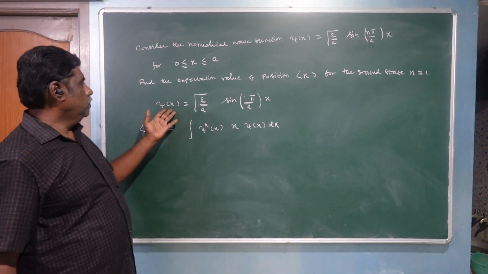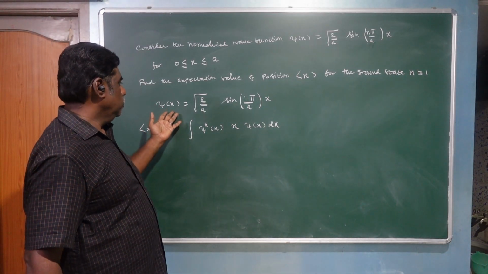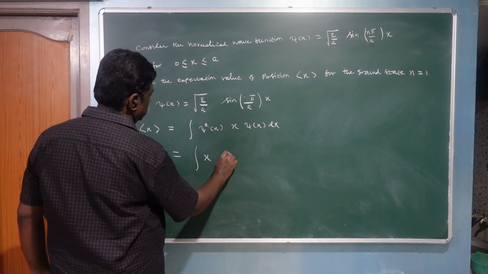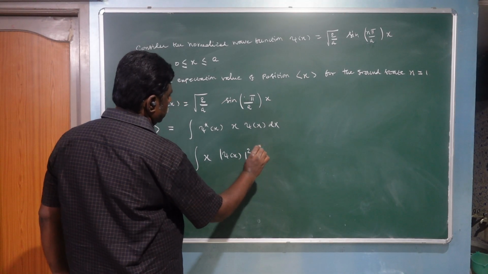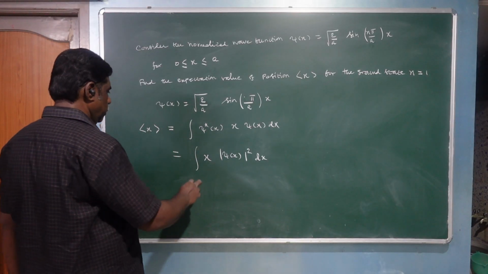Here the value of ψ(x) is given to you, and ψ star of x is also the same. Therefore, this is equal to the integral of x into ψ(x) squared dx. Now we have to find this.